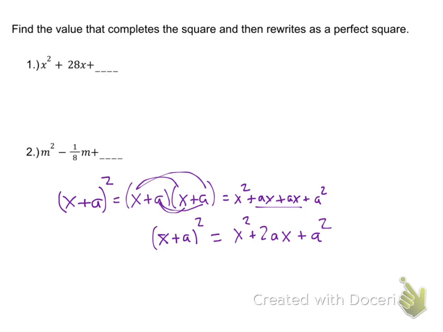So, x squared plus 2ax plus a squared. Just wrote it underneath. Do we see anything in common? What do they have in common?